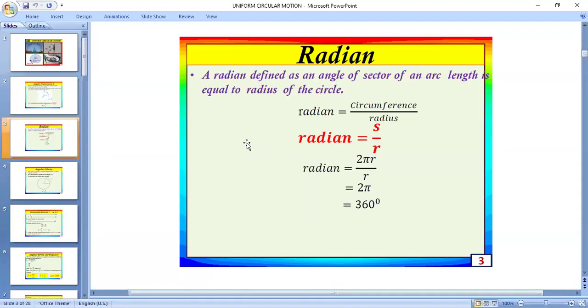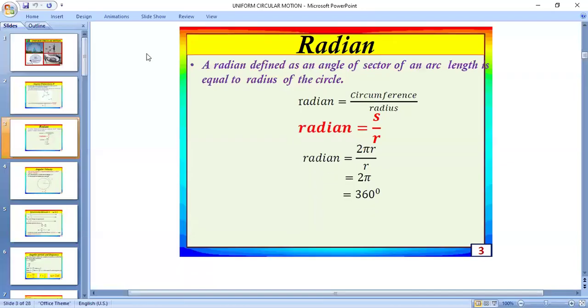So this omega can be expressed in so many ways. 1, omega equals theta over t. Number 2, s over rt. Number 3, omega equals v over r. Number 4, omega equals 2 pi over T, periodic time. Number 5, omega equals 2 pi f. Depending on the question, you will be able to choose which one is applicable.